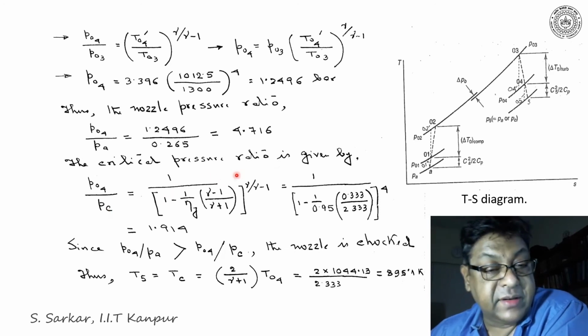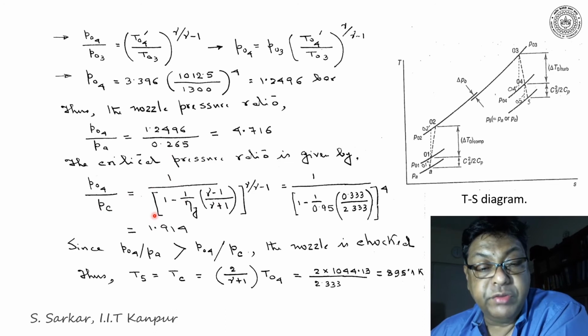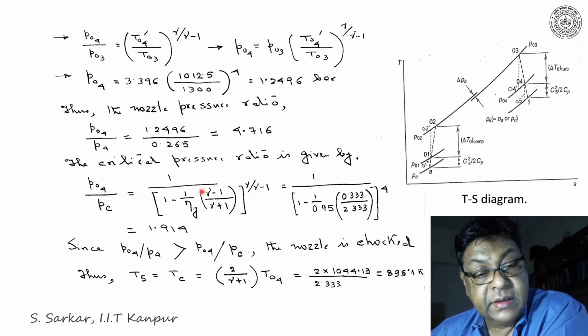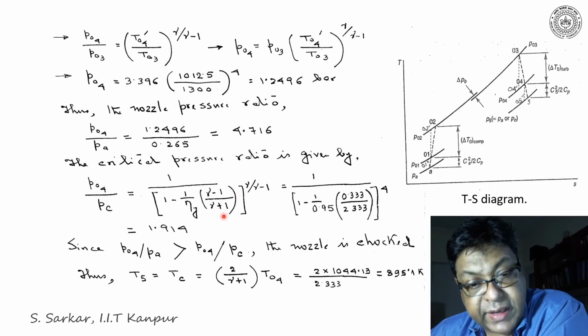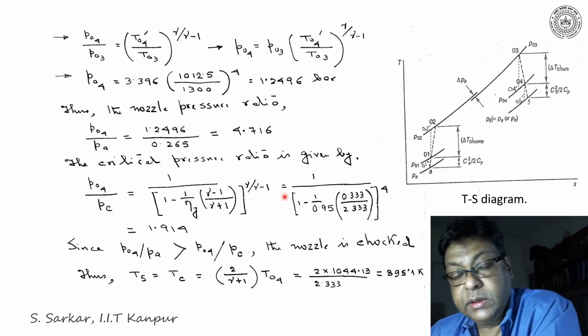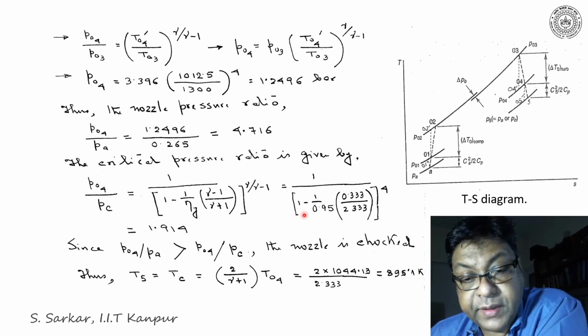That can be expressed as, I have proved the relation, 1 divided by within bracket 1 minus 1 by eta j within bracket gamma minus 1 divided by gamma plus 1 to the power gamma by gamma minus 1. Now, put the value of eta j as 0.95.